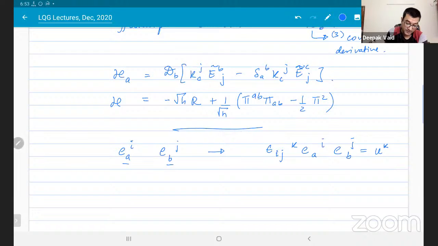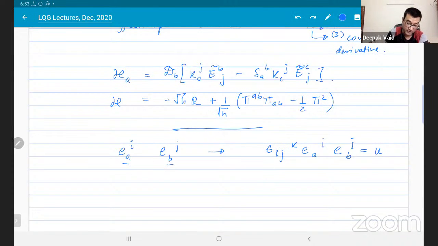But now I have three tetrads, and I have to do this with all three.